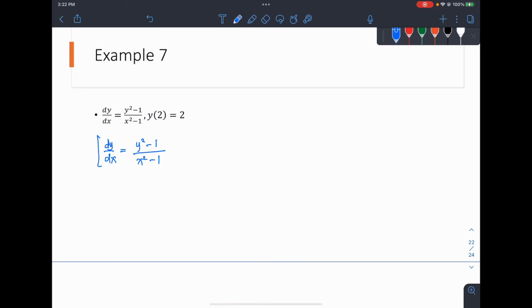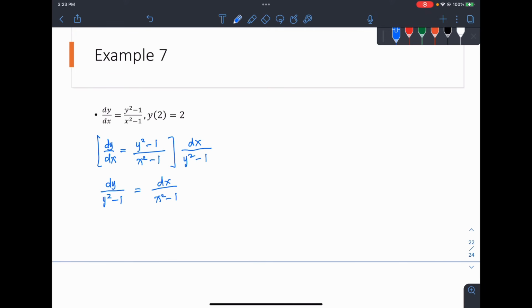Here we can make y the left hand side and x the right hand side. We multiply by dx and divide by y squared minus 1, giving us dy over y squared minus 1 is equal to dx over x squared minus 1.